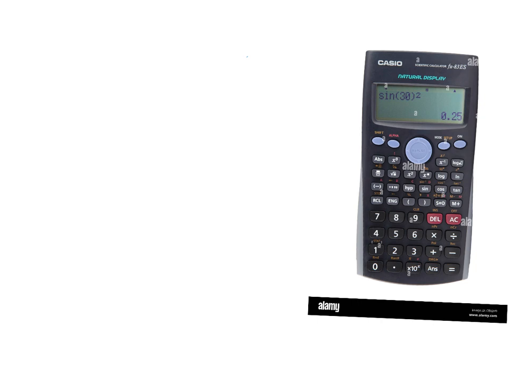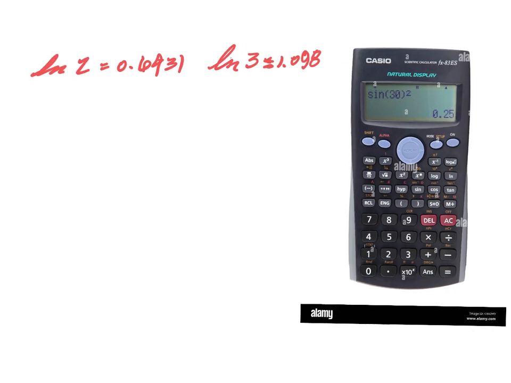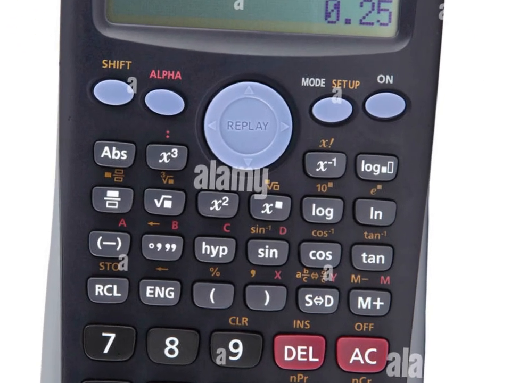So they want to jump into one particular section that students kind of scream about, but it is important to learn, so we're going to go over it just briefly, and then we'll be done. In the example, they give you ln of 2 equals that, ln of 3 equals 1.0986. Before I go into anything, let me go back to my calculator here.